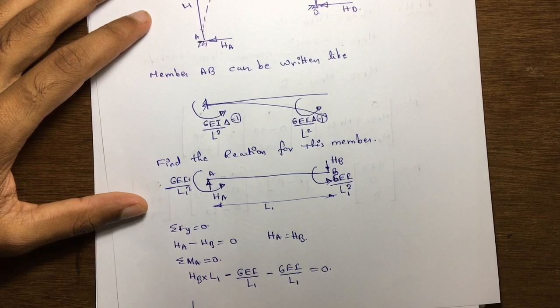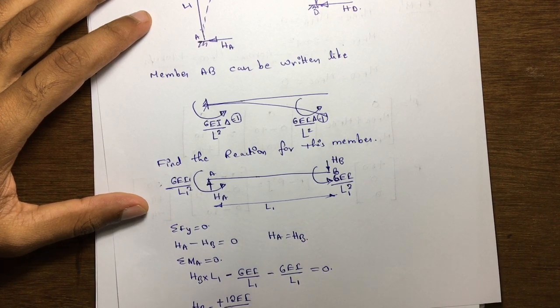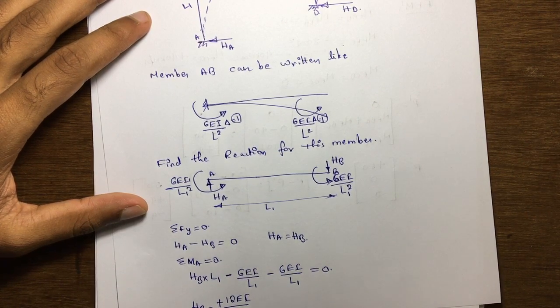I want to find the HB value. HB is equal to 12EI divided by L1 into L1 square, so this will become L1 cube.